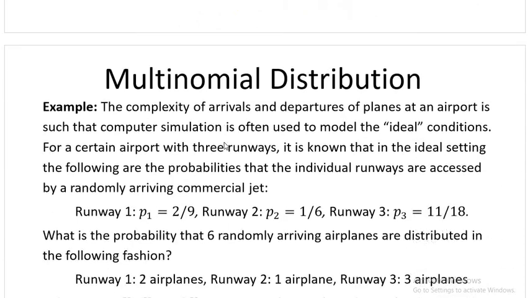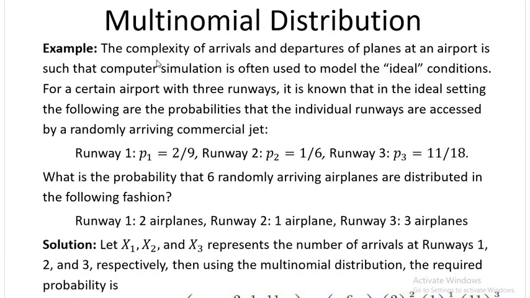So for example, here he said the complexity of arrivals and departures of planes at an airport is such that computer simulation is often used to model the ideal conditions. So for a certain airport, I don't know which airport that is, but any airport with 3 runways, you know that airports have more than one runway.